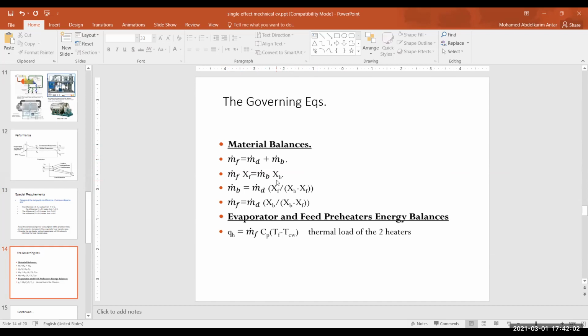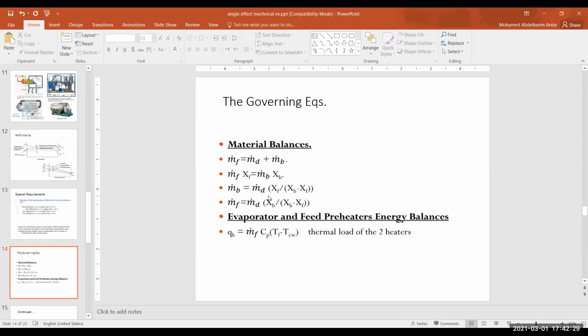Actually, when we come to cover the RO system, the RO system does not give pure water. It gives water with certain salinity. And for that sake, when it comes to this equation in the RO, we have to add M dot distillate X distillate, but not for the thermal units because the distillate is free of salt.